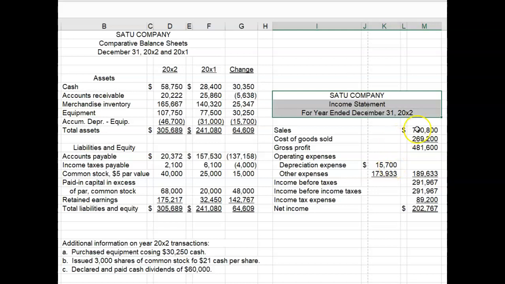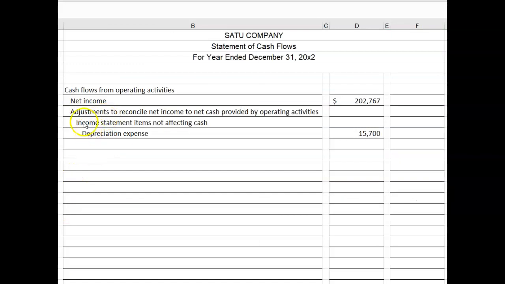It was deducted from our revenue to arrive at net income, so we have to add it back in if we're converting to the cash basis. So, income statement items not affecting cash, depreciation expense, and Satt's depreciation expense off the income statement was $15,700.